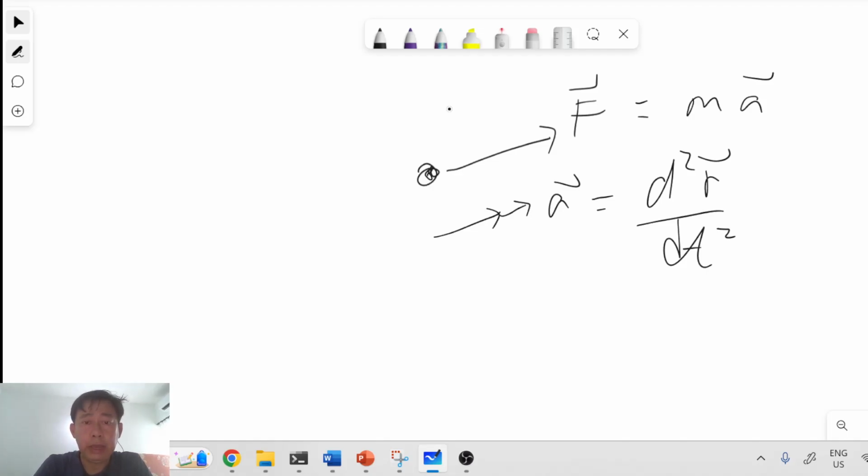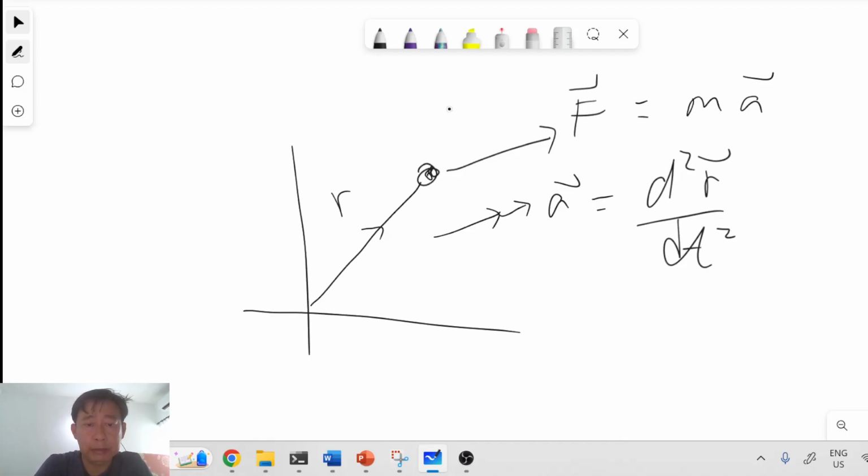The particle at any instant of time is described by its so-called location vector R. As time passes under the influence of the force F, the particle's position will change from time to time. Say at time t1 it is located here.